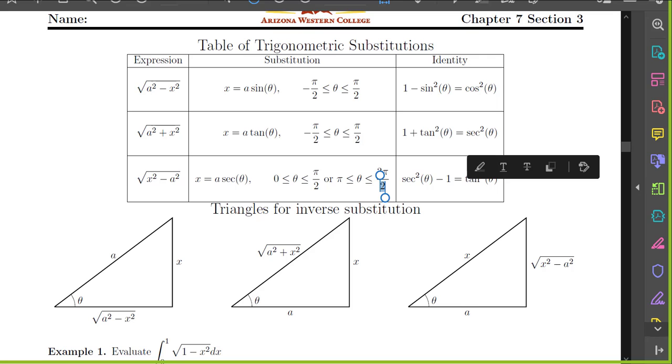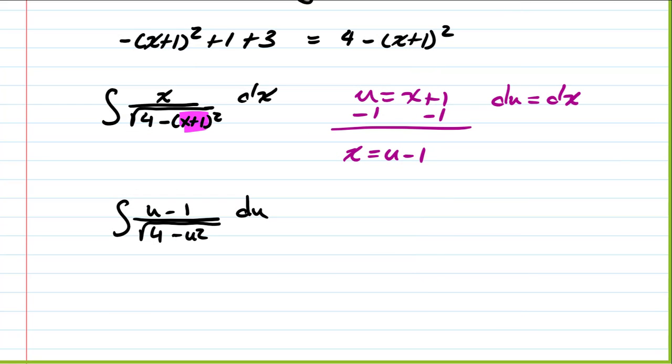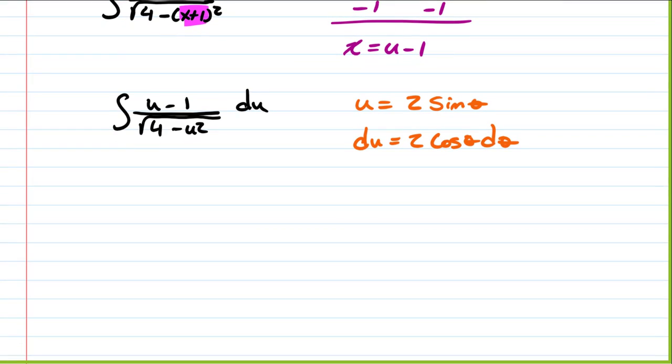Yeah, u is going to be equal to 2 sine theta. So now we do u equals 2 sine theta, and our du is then going to be 2 cosine theta d theta. So we substitute all of this into our integral.